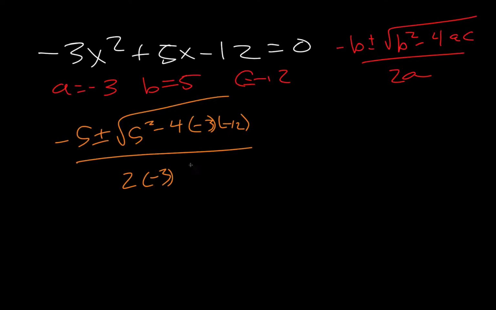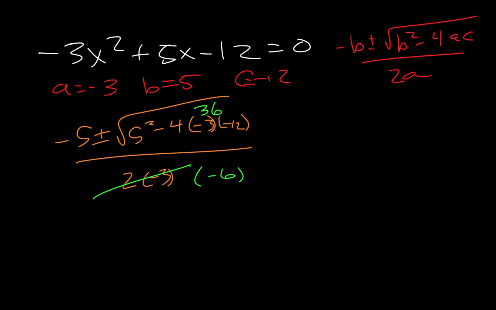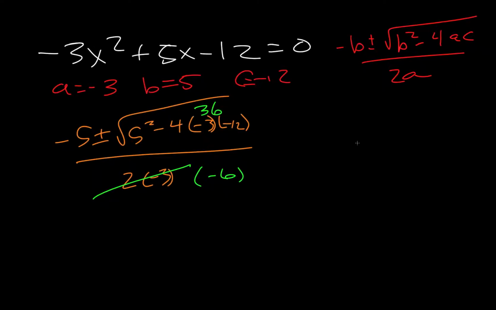Okay, we look at this. 2 times -3 is -6. -12 times -3 would be +36. And then 36 times 4, what is that going to be? So 36 times -4 is going to give us -144.